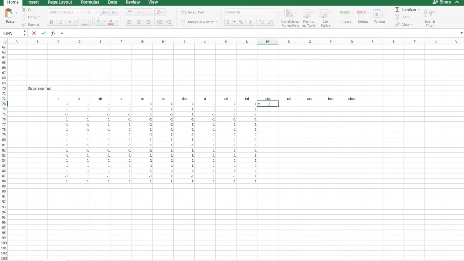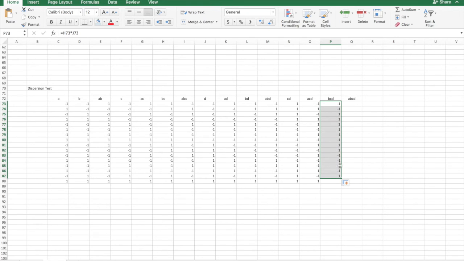We can multiply signs of A times B times D, but it's simpler if we just do the signs of AB times the signs of D. And we continue with the signs of C times D. Now the signs of, for example, AC times D. Then BC times D. And the signs of ABC times the signs of D.